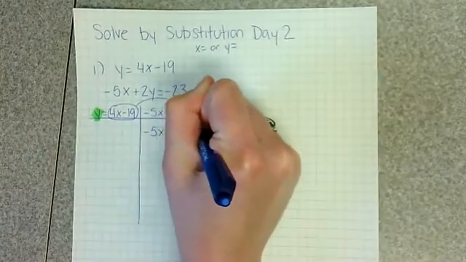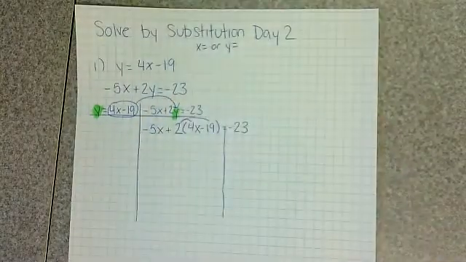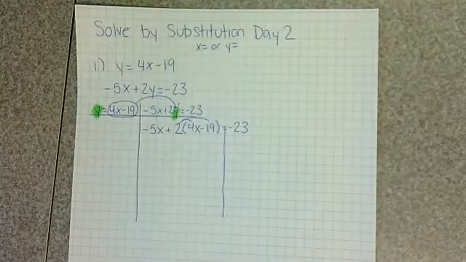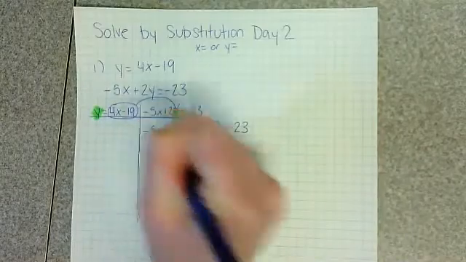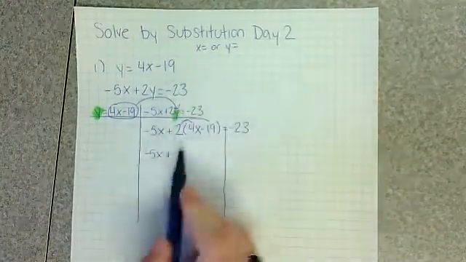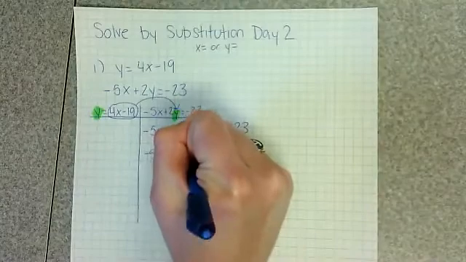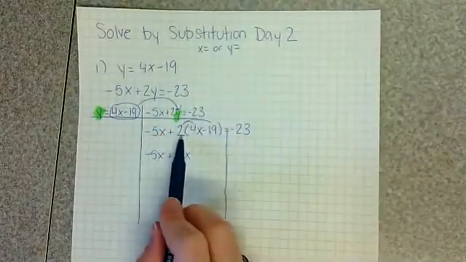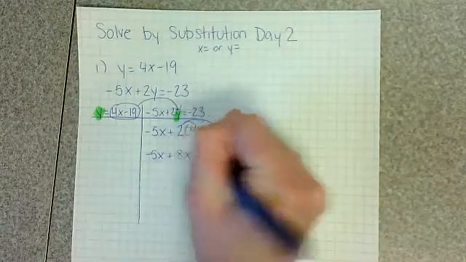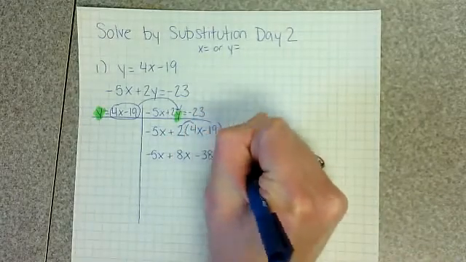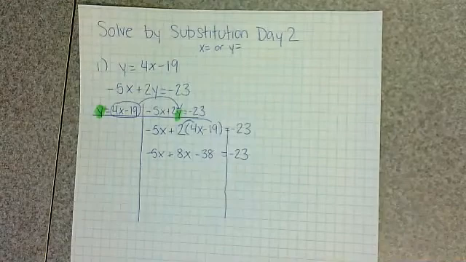So this is kind of the only new part, but we already know how to do this: we have to distribute as we solve for our variable. So I have negative 5x. 2 times 4x gets me to 8x. 2 times a negative 19 is going to be negative 38. Is equal to negative 23.